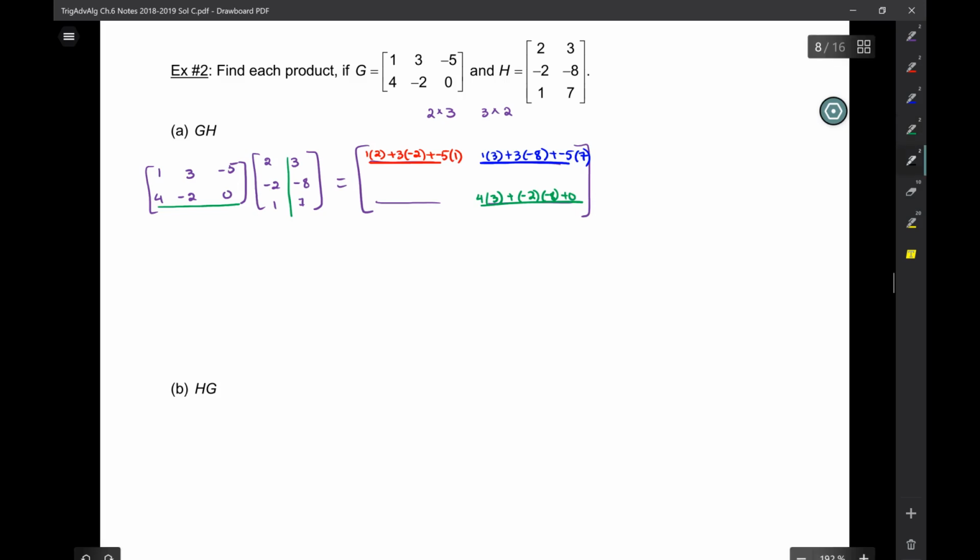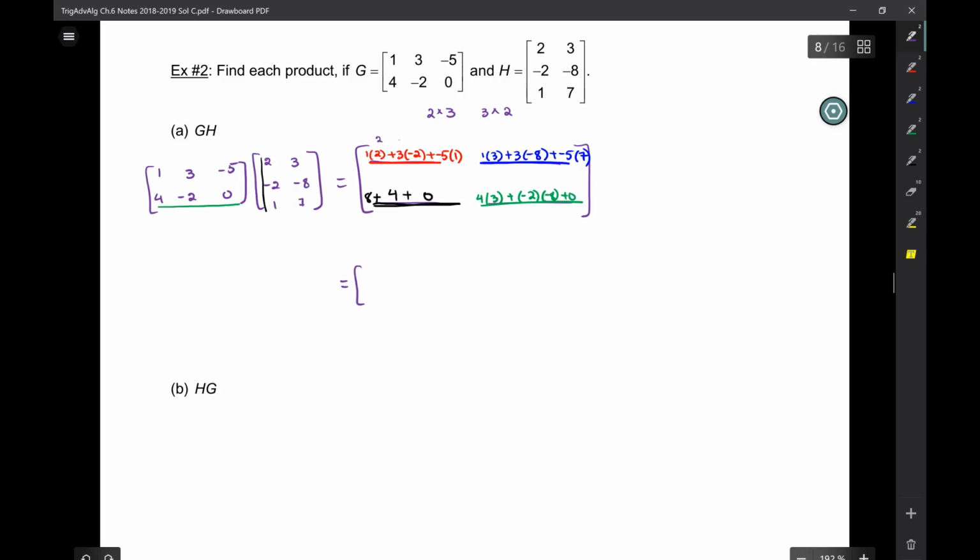And then this one, what position is this in the black? Row 2, column 1. So I take row 2, column 1. 4 times 2, let's minimize the writing, that's 8, plus negative 2 times negative 2 is 4, plus 0 times 1 is 0.